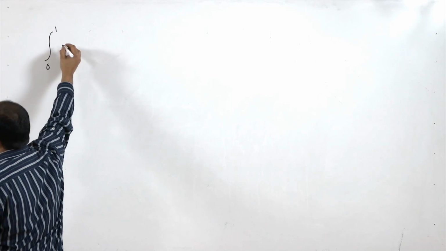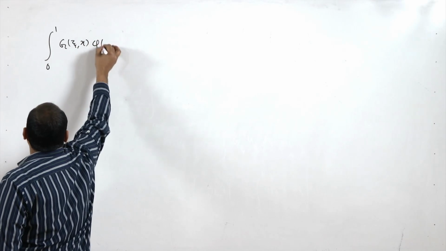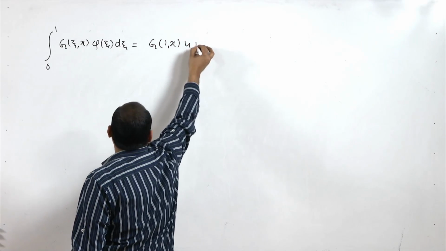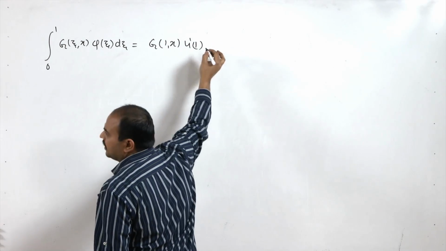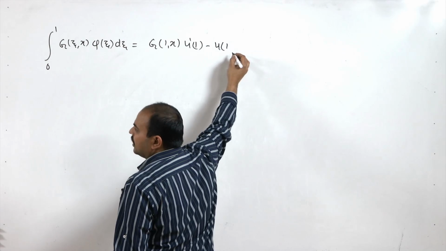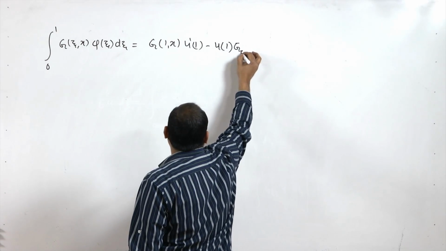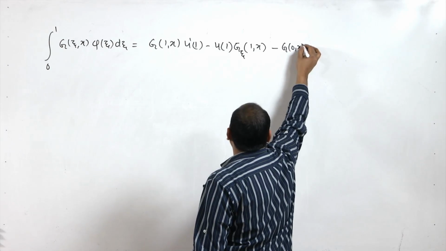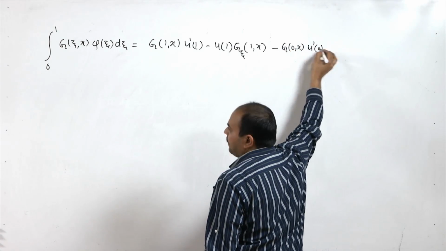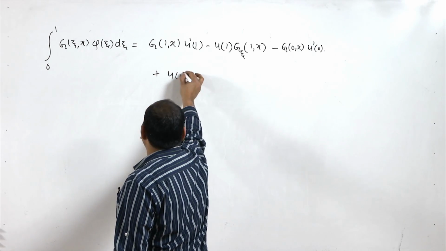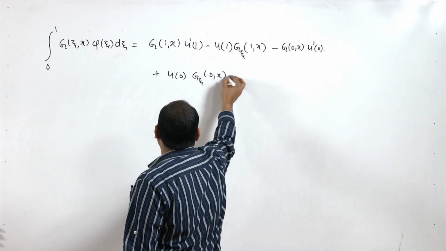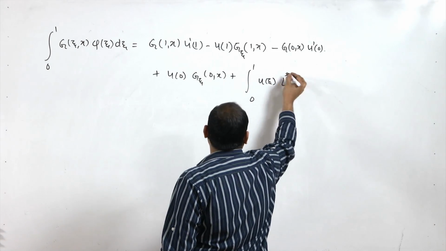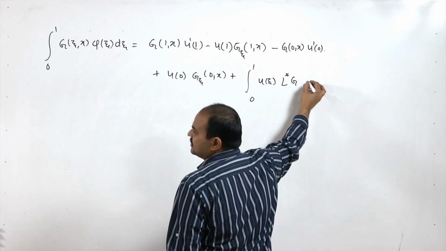The integral from 0 to 1 of g(xi, x) phi(xi) d xi equals g(1,x) u'(1) minus u(1) g'(xi)(1,x) minus g(0,x) u'(0) plus u(0) g'(xi)(0,x) plus the integral from 0 to 1 of u(xi) L star, which is the same as L, g d xi.